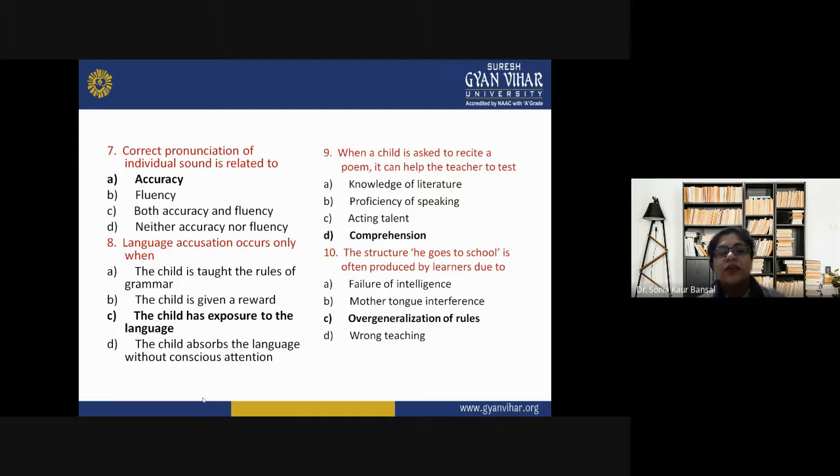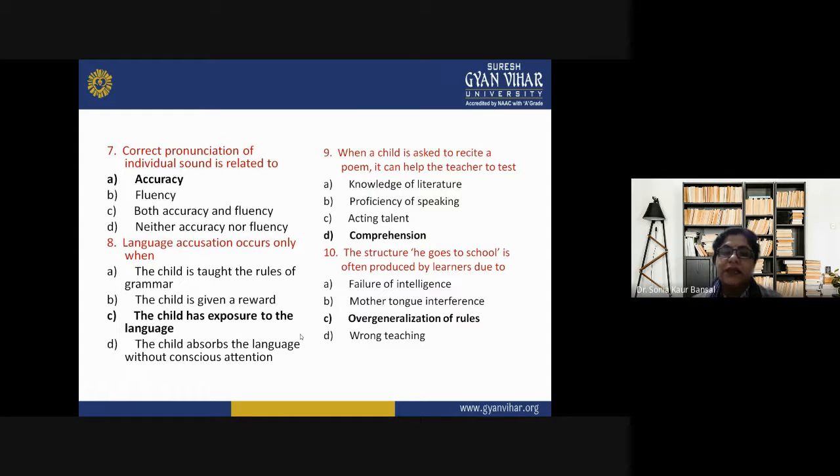Language acquisition occurs only when the child has exposure to the language. When a child is asked to recite a poem, it can help the teacher to test comprehension. The teacher is not helping for the knowledge of literature, the proficiency of speaking, or acting talent, but comprehension. So this is something that a teacher is required to do.